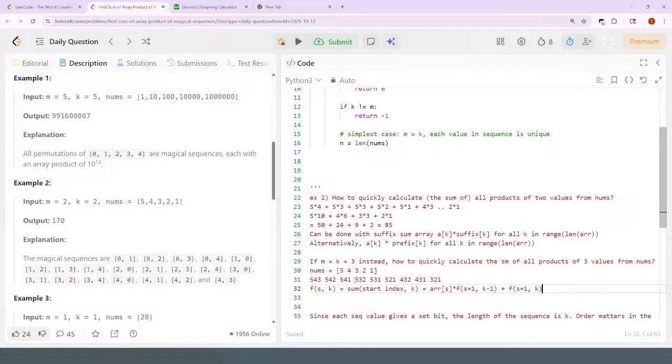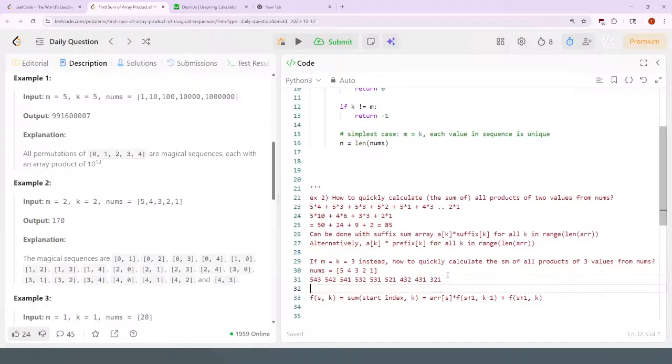Well, I think that's the right answer. Let's see, 543 is 60, 542 is 40, 541 is 20, then 30, 20, 10, and 24, 12, 6.